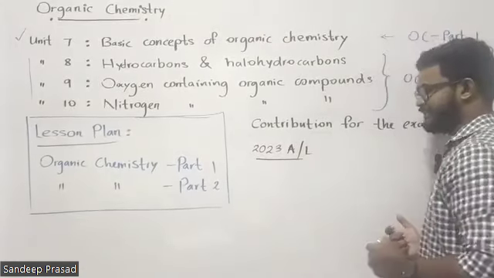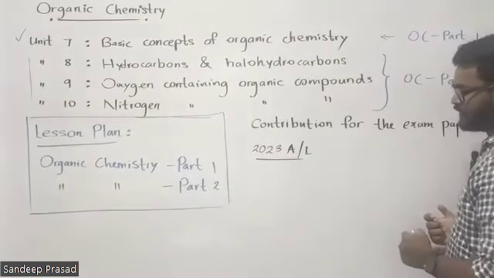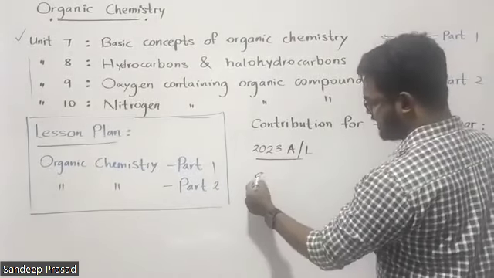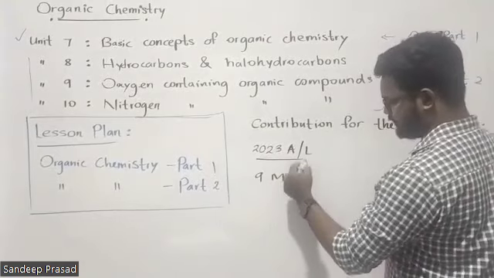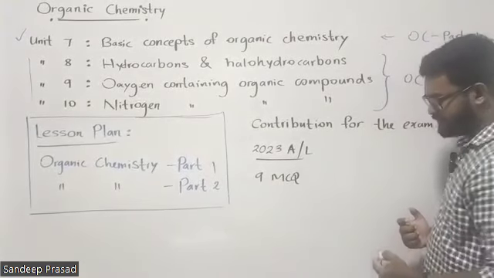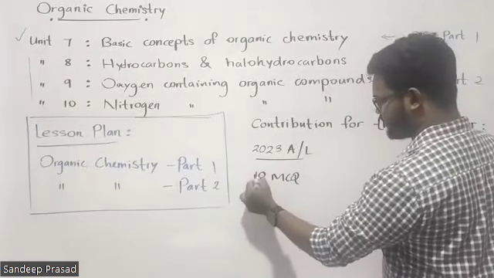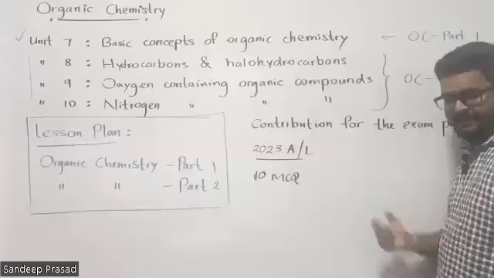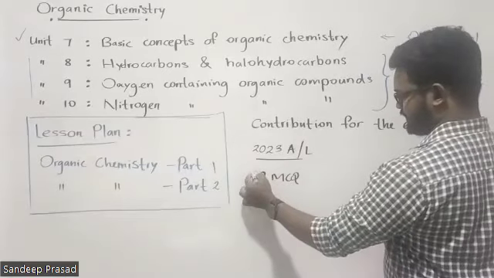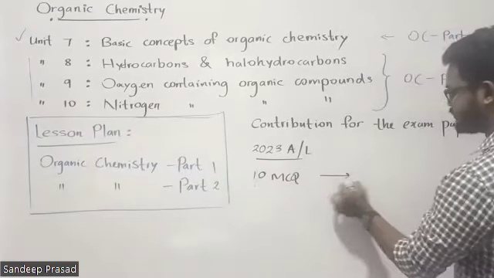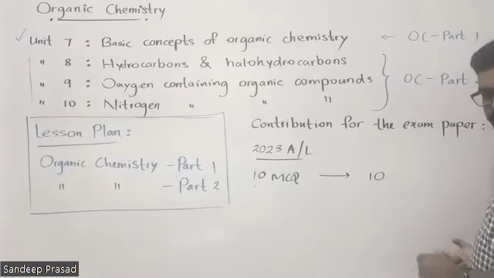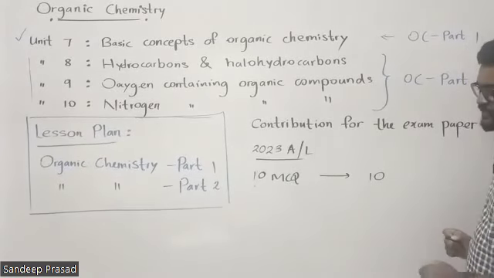In the 2023 A-level paper, they have given 9 MCQs from organic chemistry, right? Let's take it as 10 MCQs, only 1 MCQ difference. So students, we know that 10 MCQs means direct 10 marks. Am I correct? Direct 10 marks.